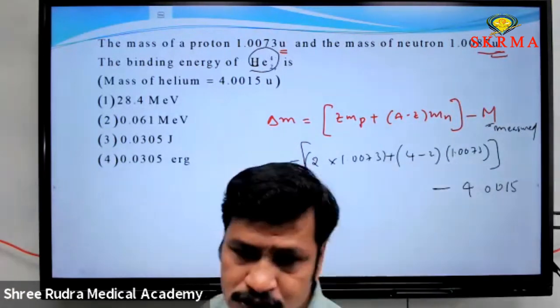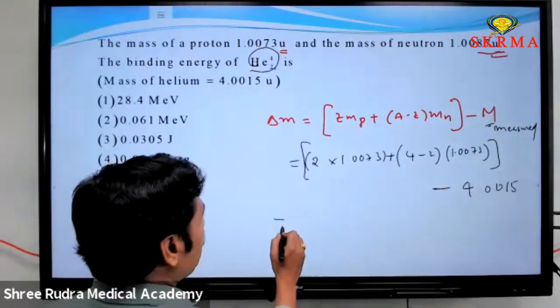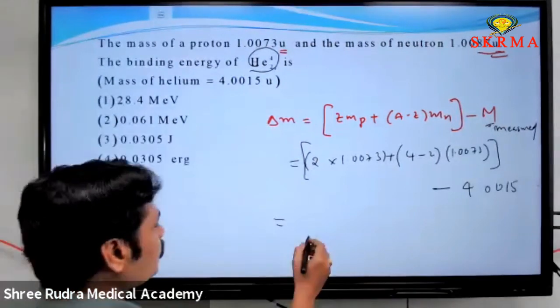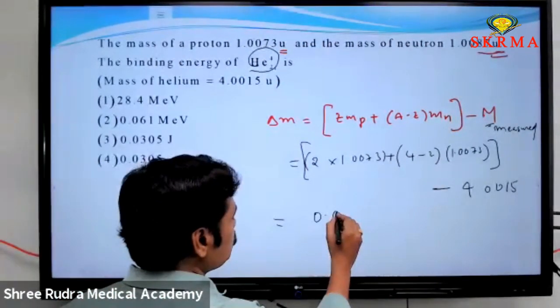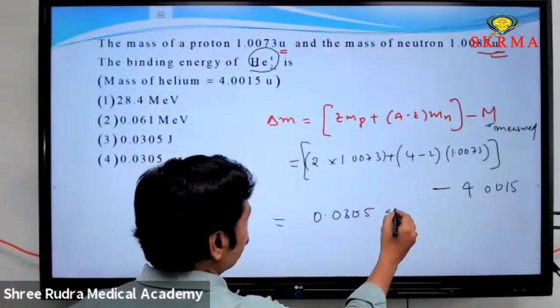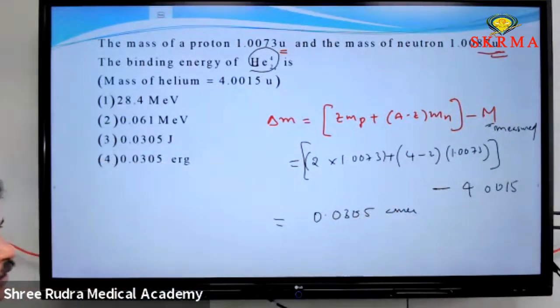If you simplify this equation, the value comes in AMU, approximately 0.0305 AMU. This is the mass defect in AMU.